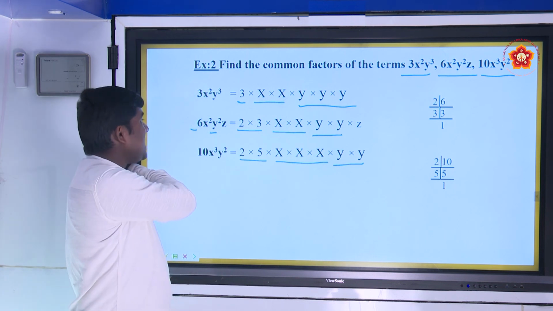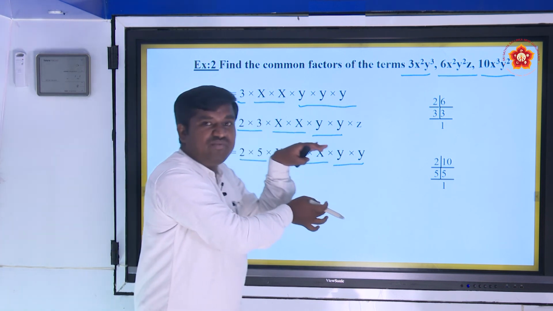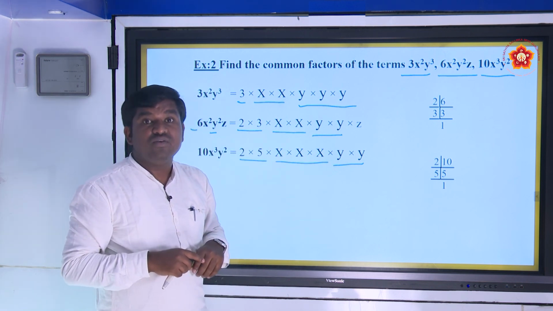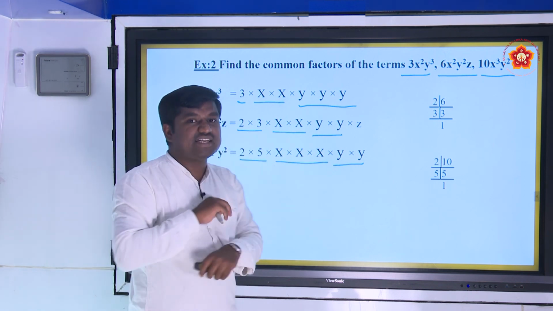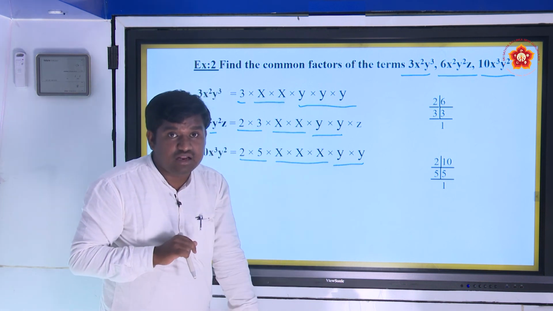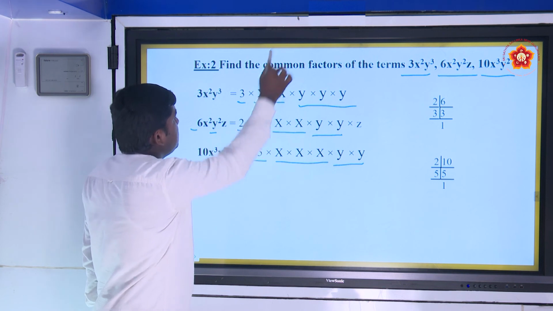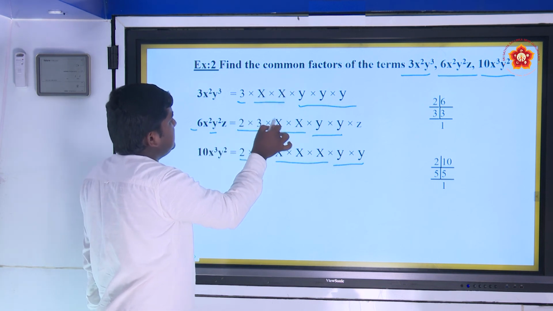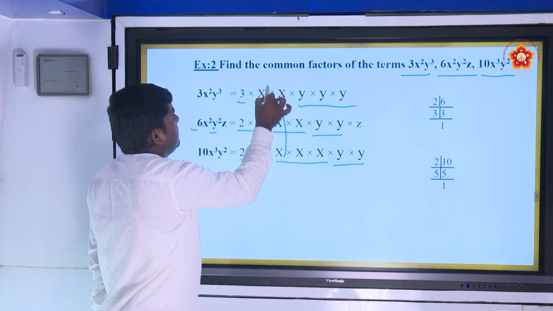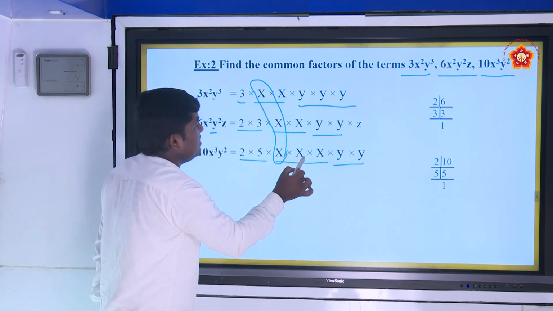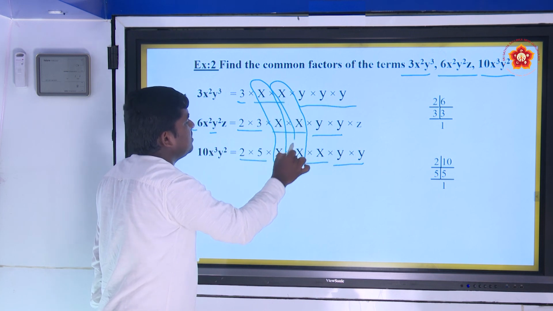Next, after finding the factors of the given terms, what do we have to do? Find which factors are the same or common. Observe here which are common. See, here x, x, x, all are the same.